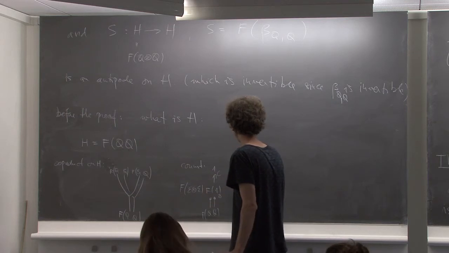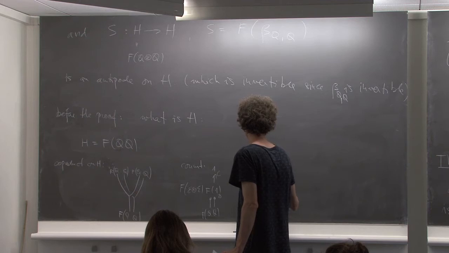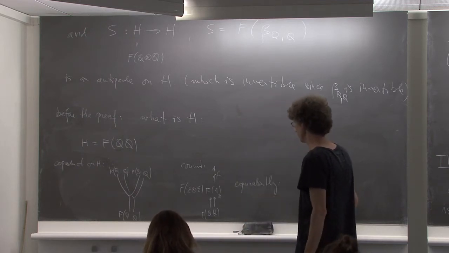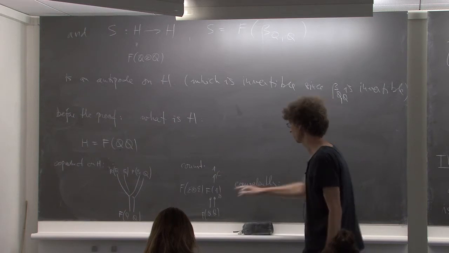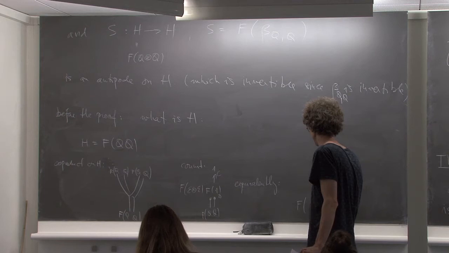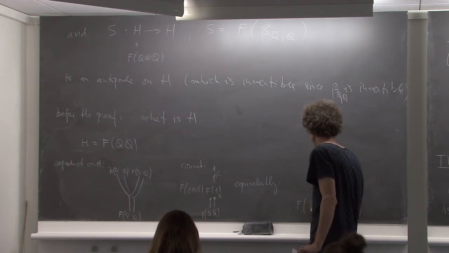Or equivalently, what we can do, it's probably enough to apply the co-unit once. So we can just take F of QQ.